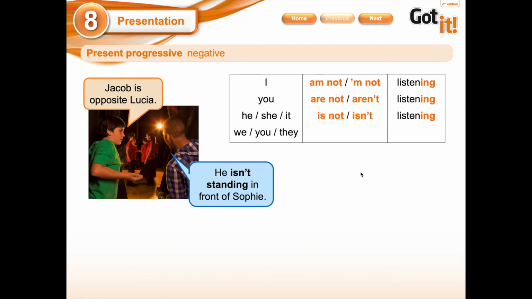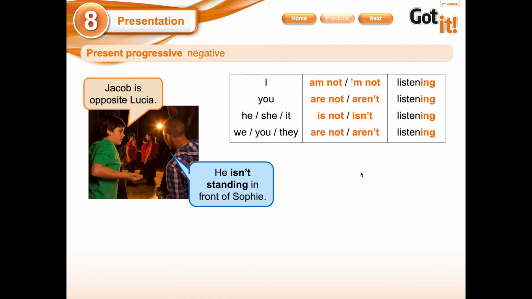We, you, they are not or aren't listening. You're going to use the same structure that you use in affirmative sentences, but you're going to add a new word, that is not. And in short forms, remember, you're going to use I'm not, aren't, isn't.